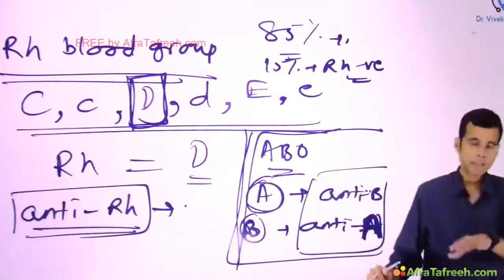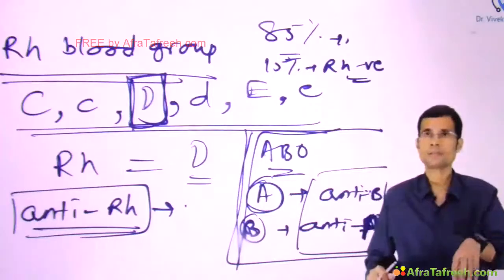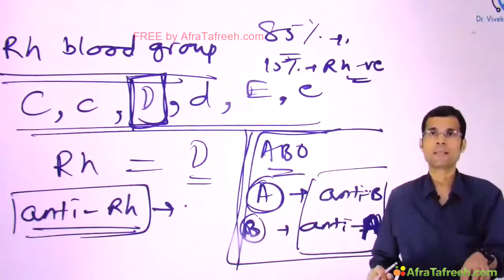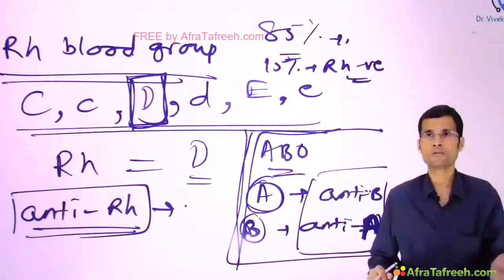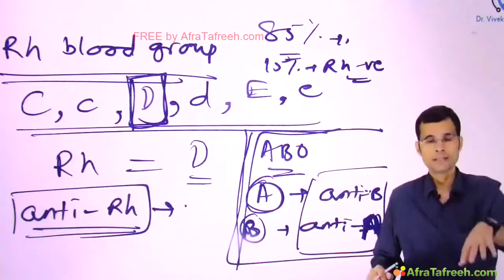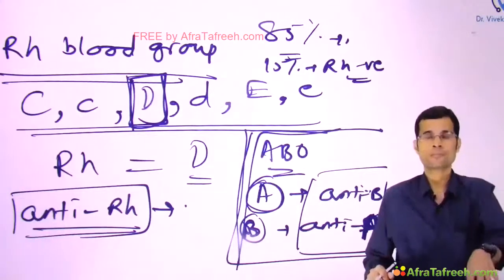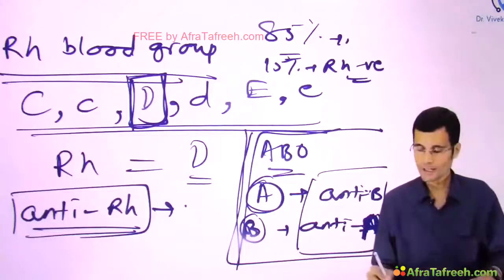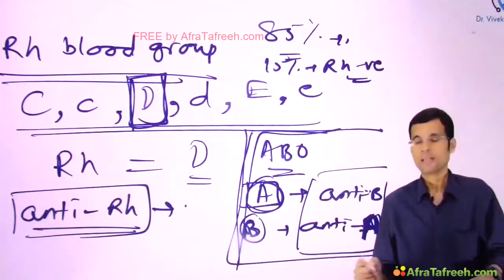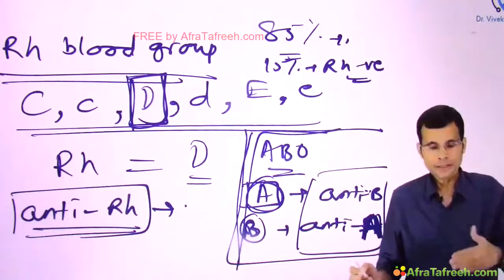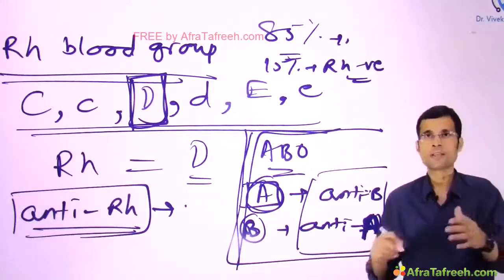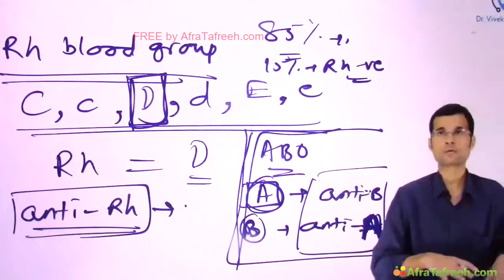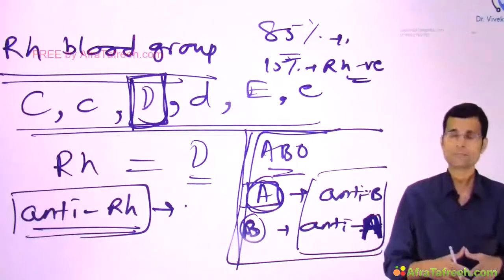You see, A and B substances, they are not only present on the red cells, they are present in other tissues of the body also, these A and B antigens. They are present in the nature also. So, when a child is born, and suppose the child's blood group is A, in subsequent days after the birth, the child gets exposed to both A and B antigens from the nature, through food, through bacteria.